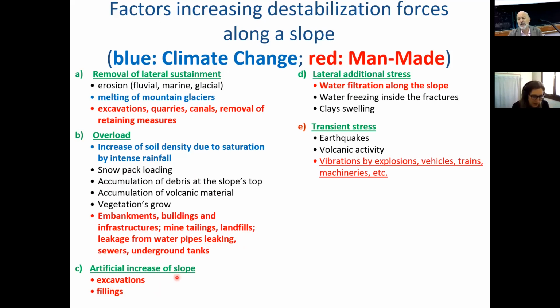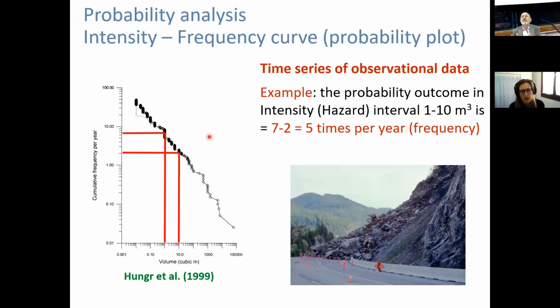Also, the artificial increase of the slope by excavation and fillings, or lateral additional stress due to water filtration along the slope, or transient stress like vibrations by explosions, vehicles, trains, machineries, etc. All these are examples of man-made or climate change induced factors that can determine an increase of the probability of landslide that has been related to the observation of a natural evolution of a slope.